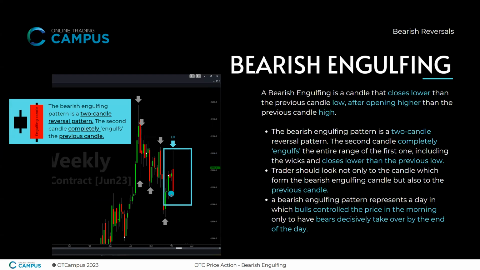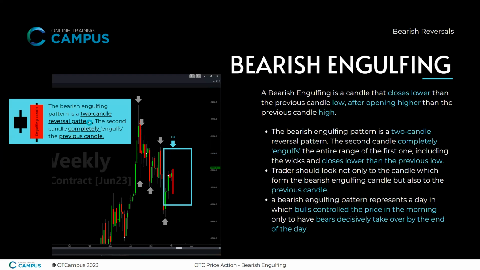Look, where is the close here? Lower than the previous candle low. The previous candle low is here. After opening higher, that was the opening, and then look, we moved higher than the previous candle high. The high is higher than the previous high, and the low is lower than the previous low.